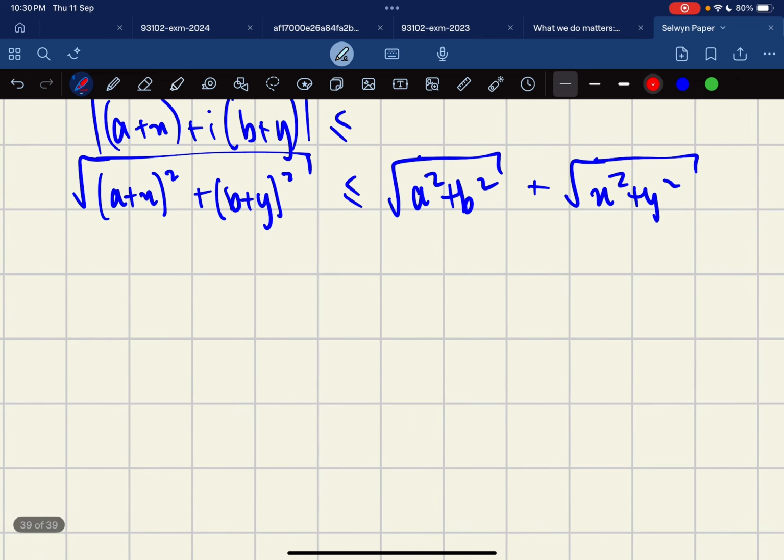Okay, and then we can simultaneously expand out the insides of this one, and then we want to square both sides to get rid of the square roots everywhere. And when we square the left side, it gets rid of the square root, and let's expand it out.